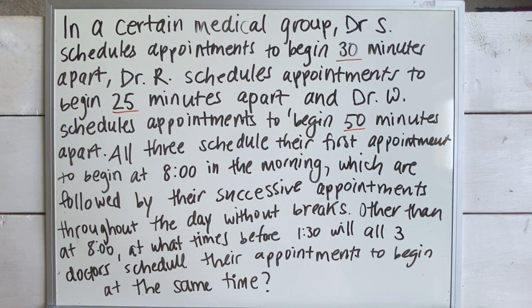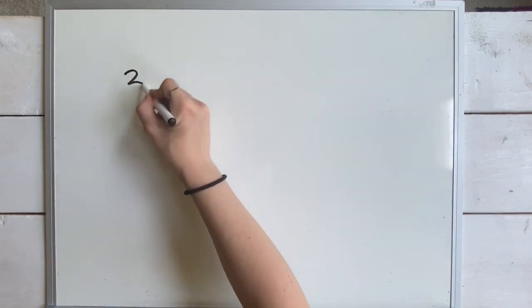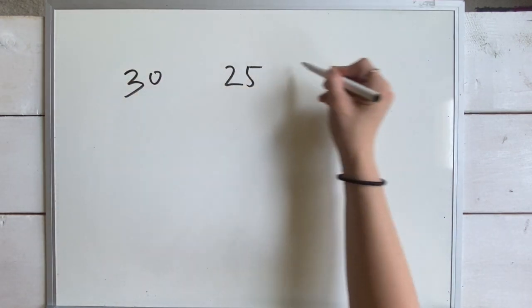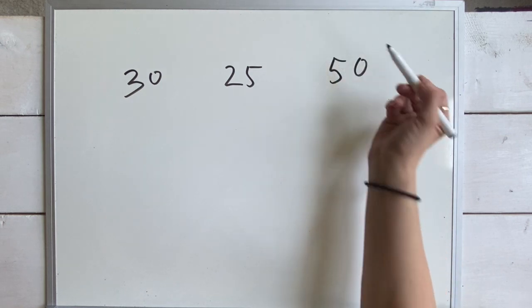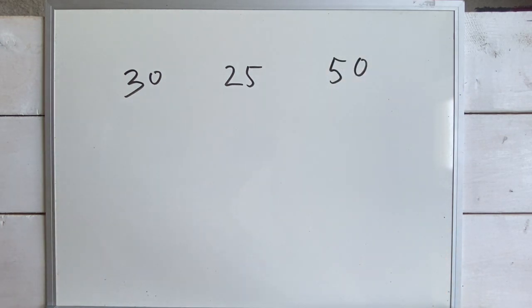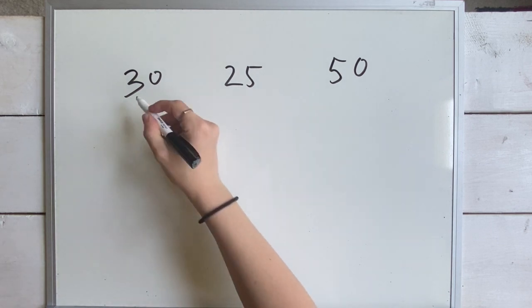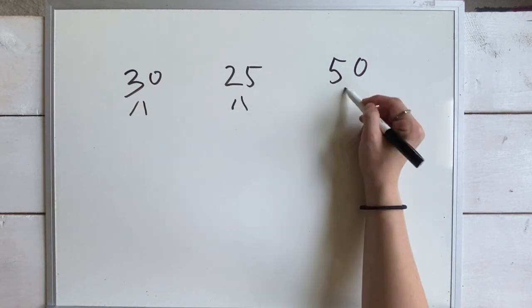We're going to find the least common multiple of 3 numbers this time, 30, 25, and 50. Our first step, as always, is to do a prime factorization for each of these numbers.